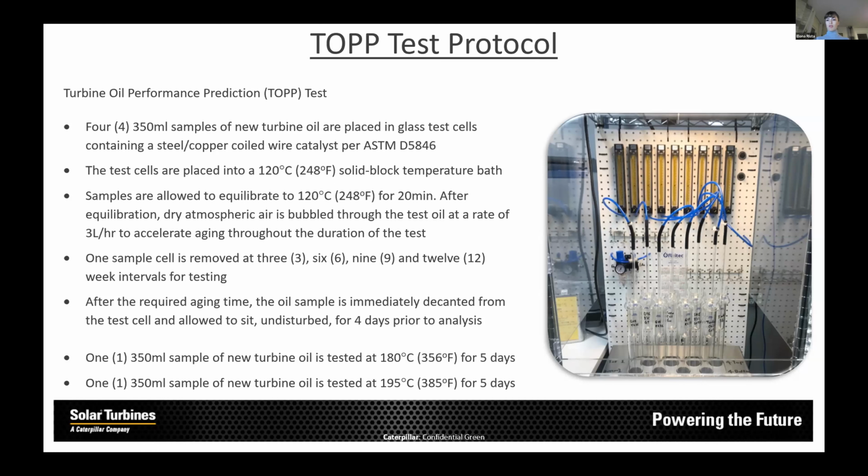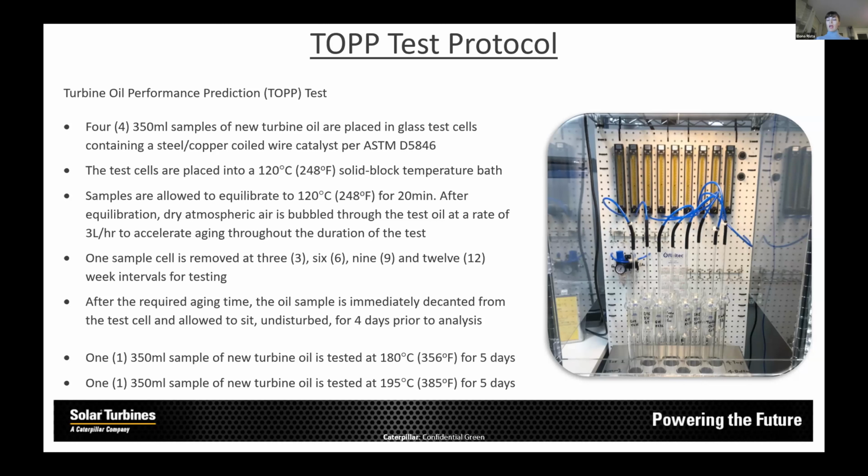For all these samples, we are testing for all of the degradation parameters that we routinely test in the field, and these would be your usual MPC test, RPVOT, and ruler, the TAN or total acid number, viscosity, and so forth.